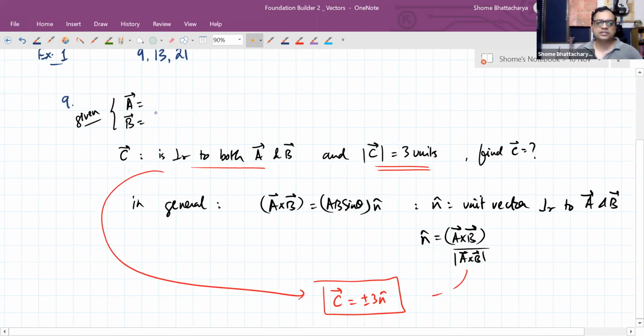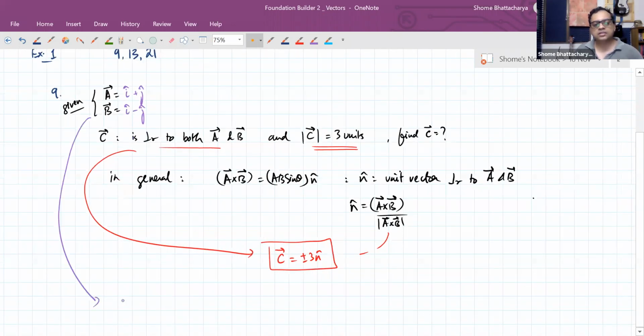However, in the question that is given, it's very easy because you don't have to go to the cross product. You can understand very easily that A is given as i cap plus j cap and B is given as i cap minus j cap.